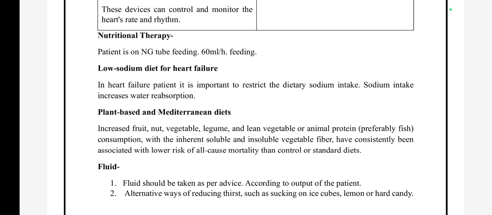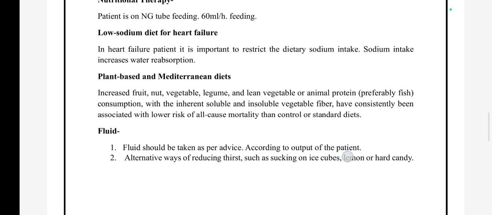And there are nutritional therapies. Depending on the patient's condition, if the patient is able to take feed orally, there is oral nutritional therapy. But if the patient is unable, unconscious, or on ventilation, the patient should be given NG tube feeding. The feeding should be recommended by the dietitian and followed.